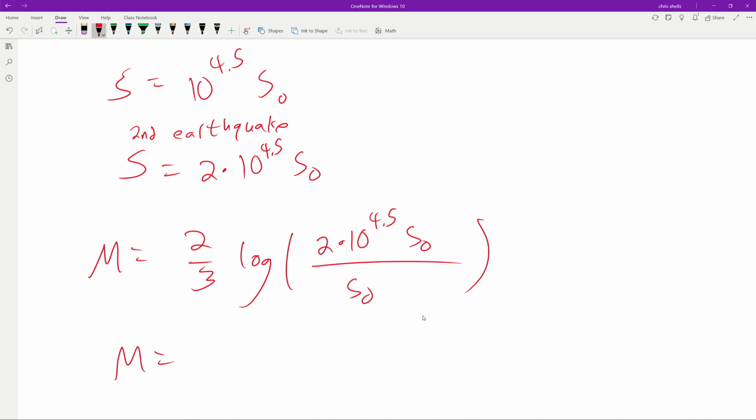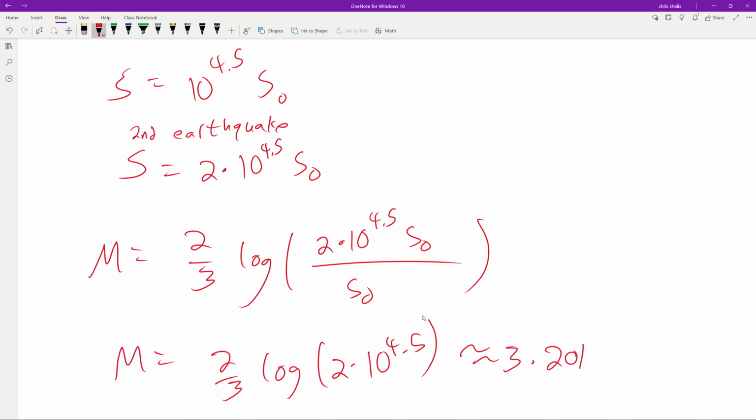This gives me that m is equal to 2/3 times log of 2 times 10 to the 4.5th. And if I plug this into a calculator, I get about 3.201. So the second earthquake, with twice as much earth movement, will have a magnitude of about 3.2. And this is it for section 4.6.